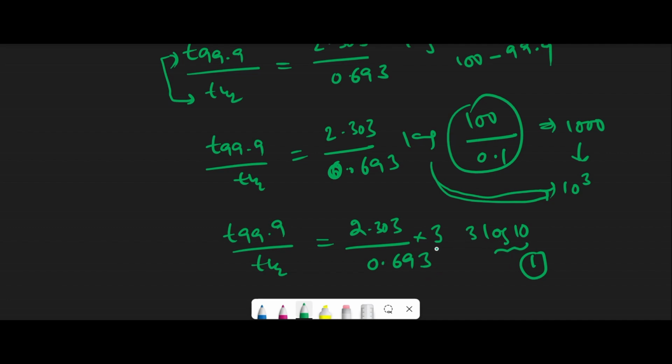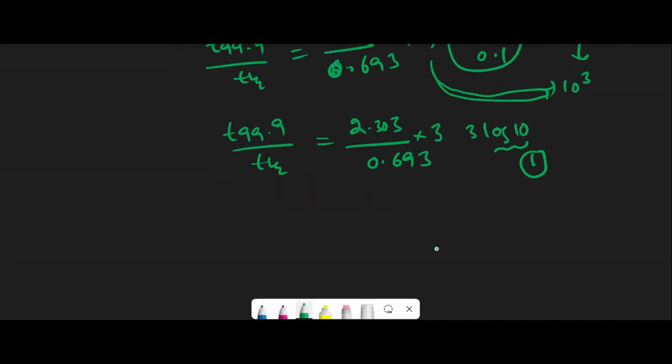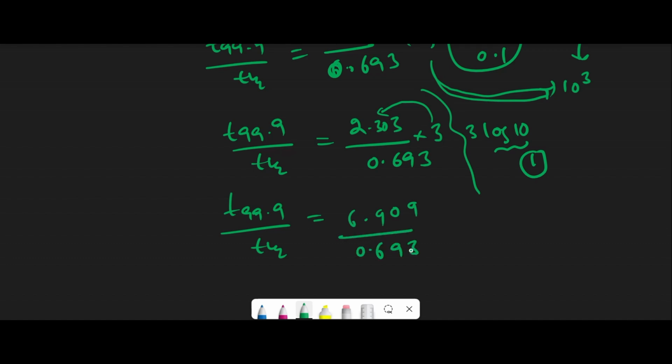Upon multiplying and simplifying, you will get roughly 9.9 something, so I am taking it as approximately 10.